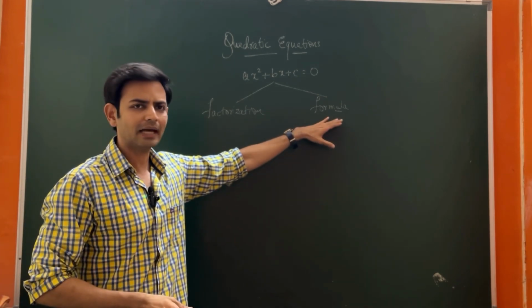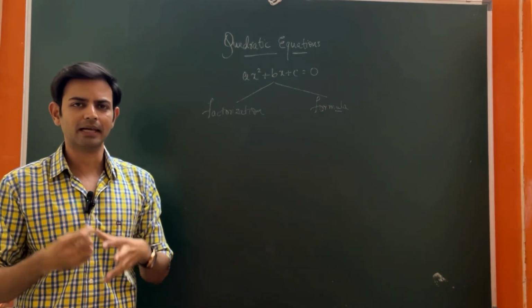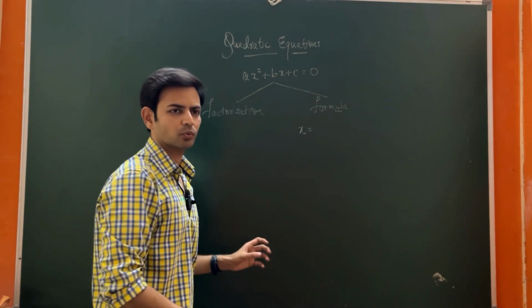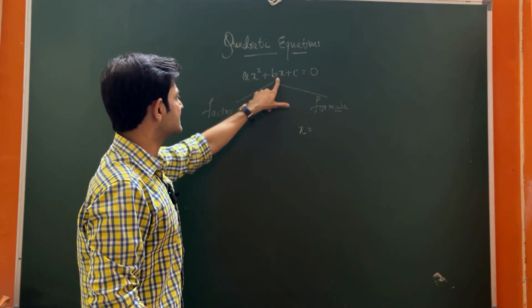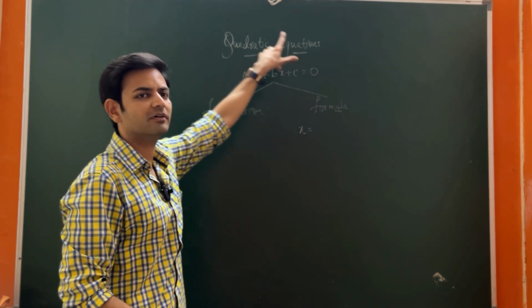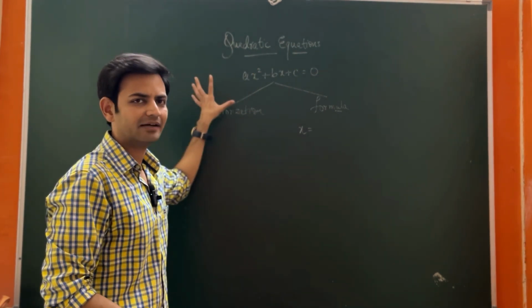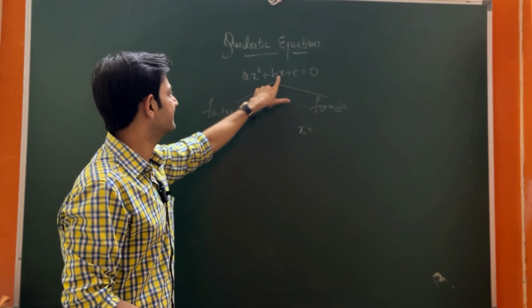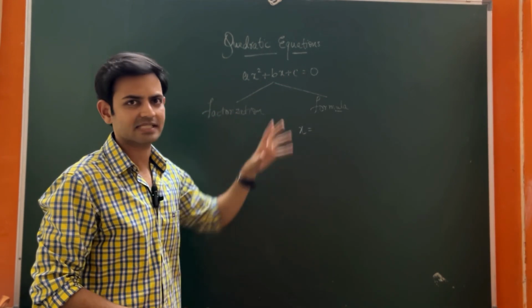When it comes to the formula method, we have a formula. ax² + bx + c = 0 is our normal or standard form of equation, where a is the coefficient of x², b is the coefficient of x, and c is a constant.